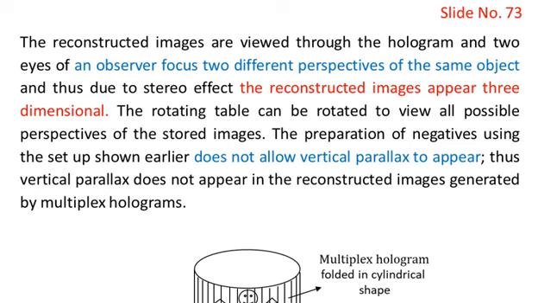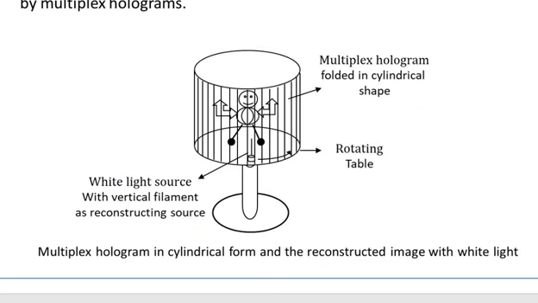The preparation of the negatives using the setup shown earlier does not allow vertical parallax to appear. Thus, vertical parallax does not appear in the reconstructed images generated by the multiplex hologram. So this is the reconstruction setup.